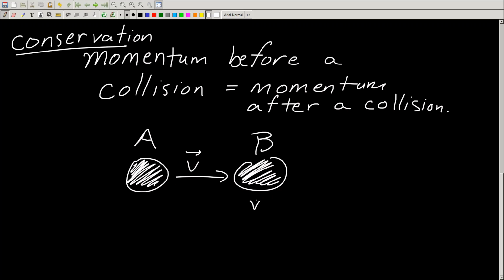And B is, so let's say VB, so the velocity of B is 0. It is at rest. And the velocity of A is some value, I don't know, it could be 10, 20 meters per second, could be something, whatever it is. And then, so this is before collision.